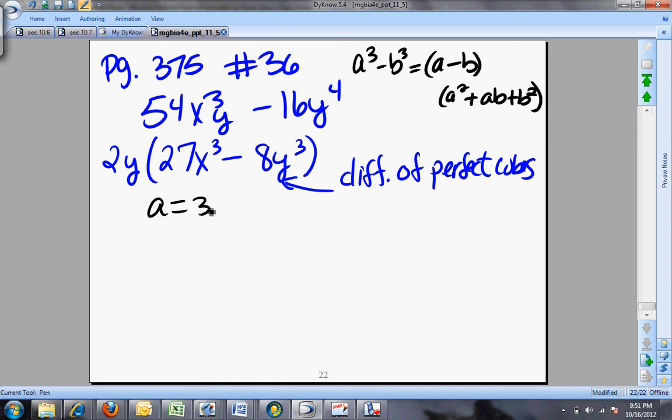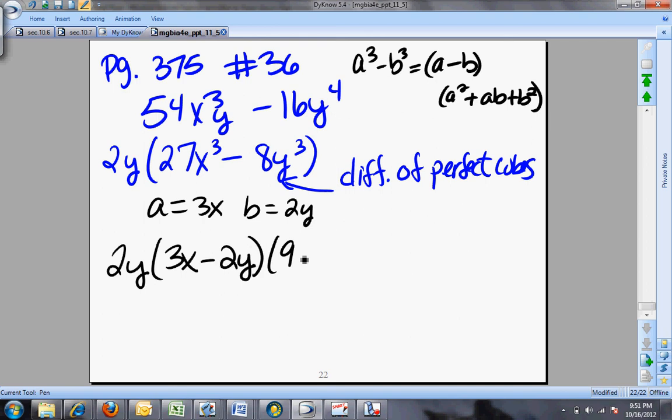So our a here is going to be 3x. Our b is going to be 2y. So we're just going to go ahead and factor it out. Don't forget our original 2y. Then we should have 3x minus 2y times 9x squared plus 6xy plus 4y squared. And there's nothing else we can do from there.